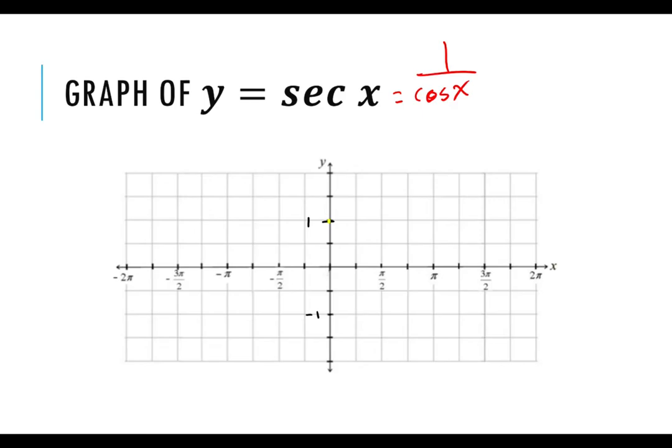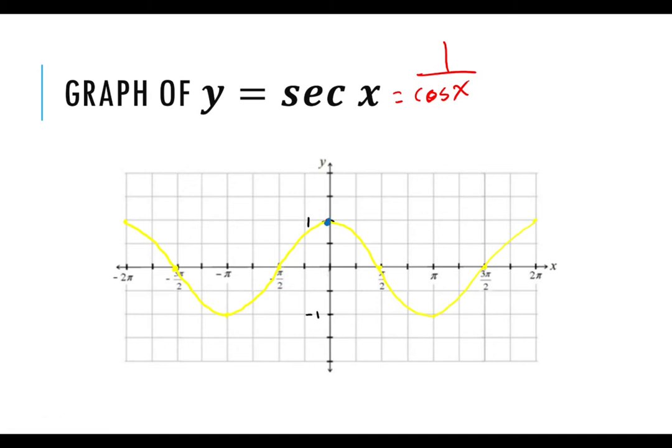Remember that cosine is at 1 on the y-axis, and then is 0 at pi halves, and then is at negative 1 for pi, and so our cosine function looks about like this, which then tells us a couple of things.